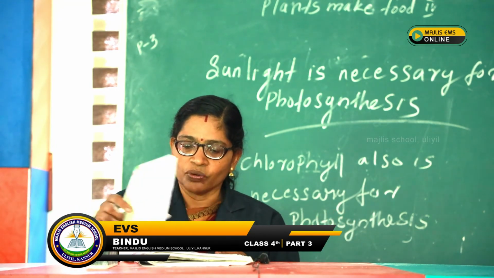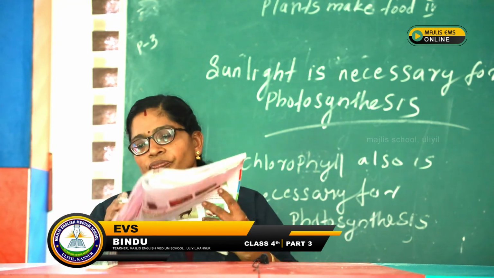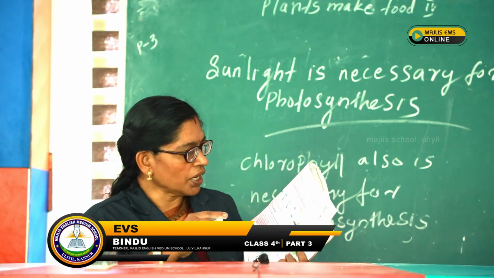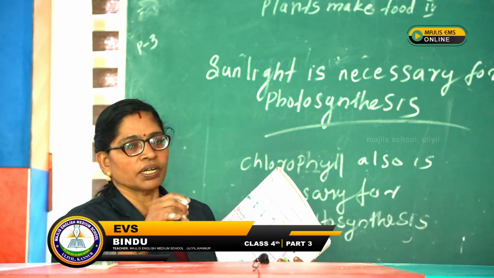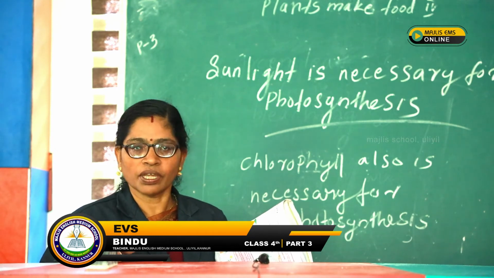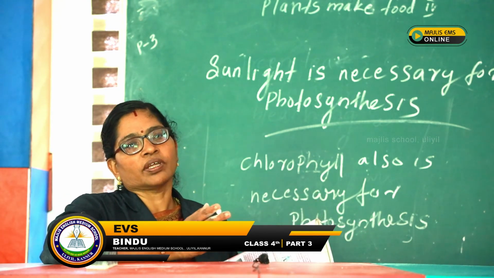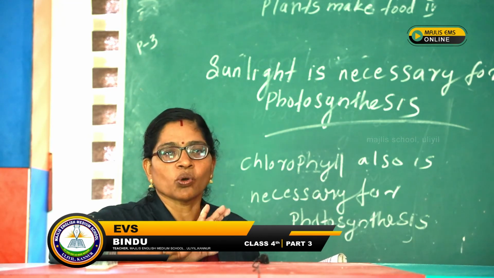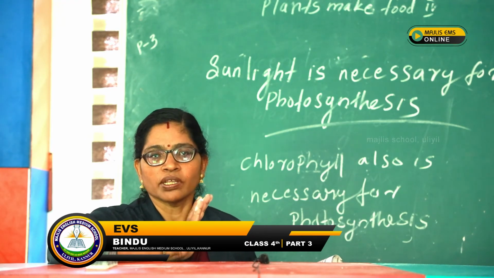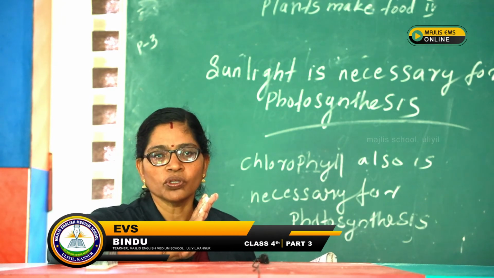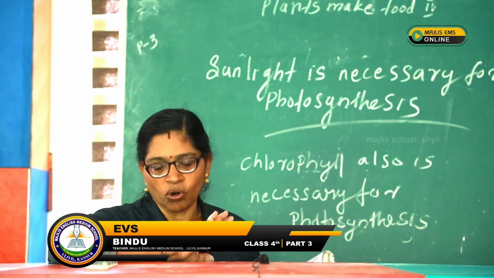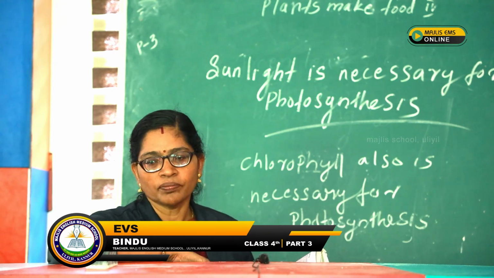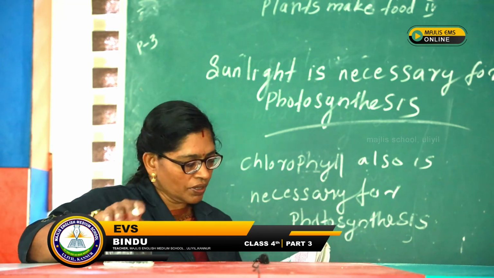Then today, first you show that the green leaves contain starch. Then sunlight is necessary for photosynthesis and chlorophyll also is necessary for photosynthesis. I think you all are clear on this session.